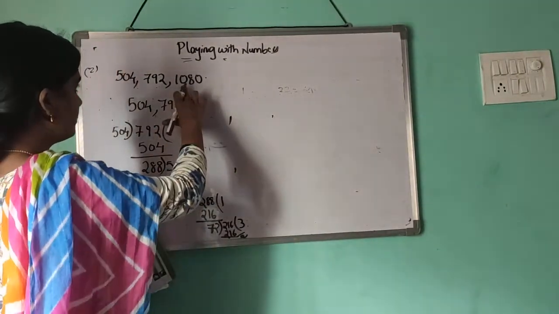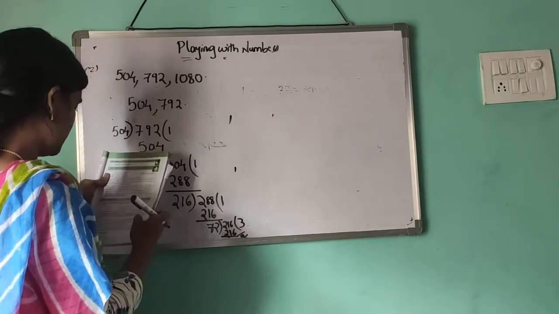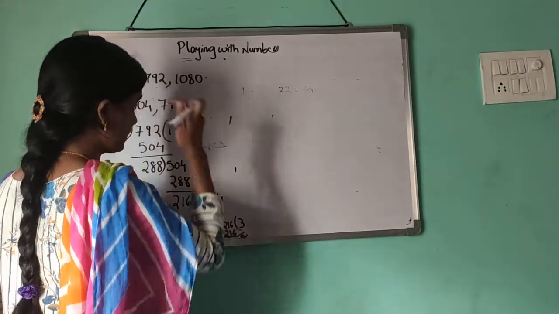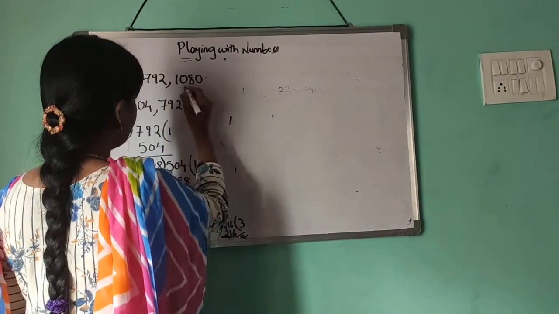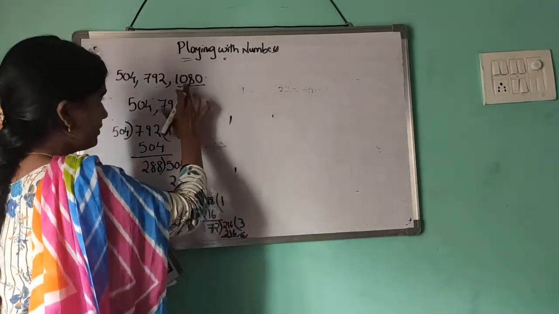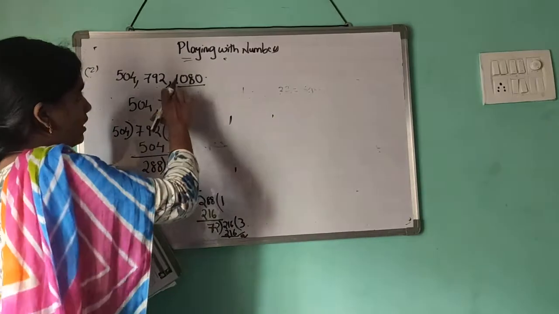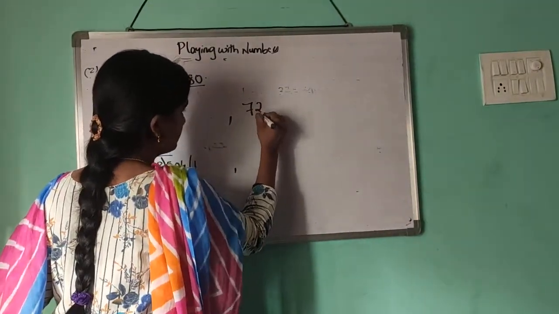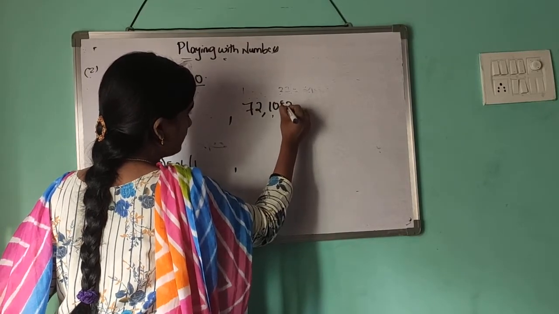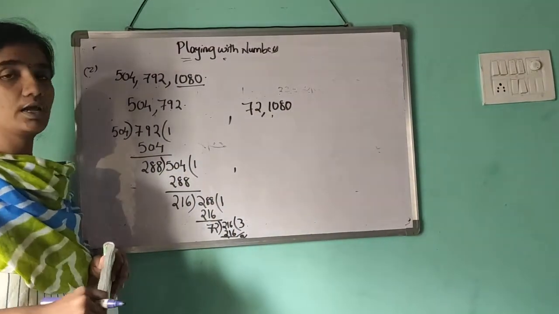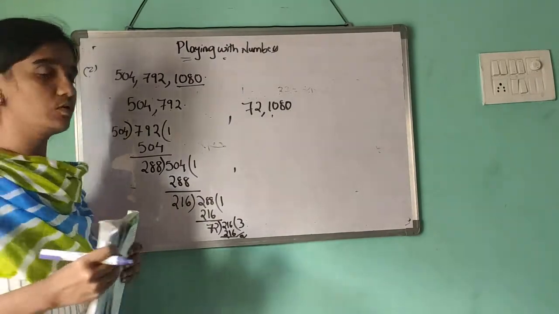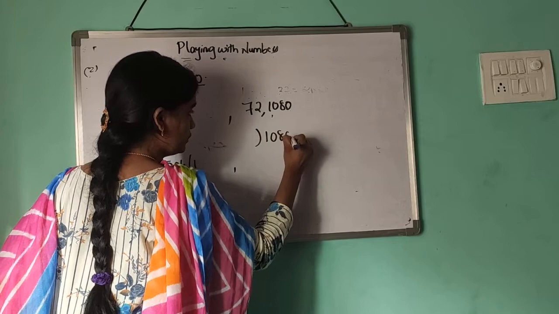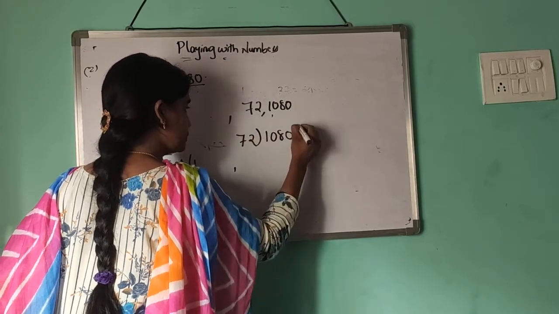So here one method is completed. Then coming to the second method, here 1080 is there. Then check with 72 and 1080. Here the highest number 1080 is divided by 72.